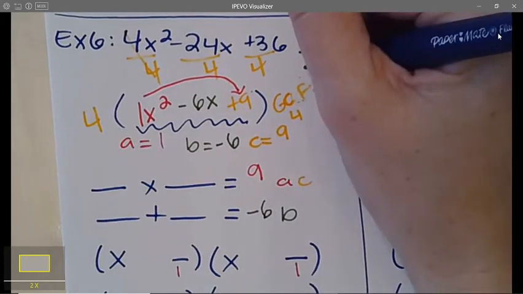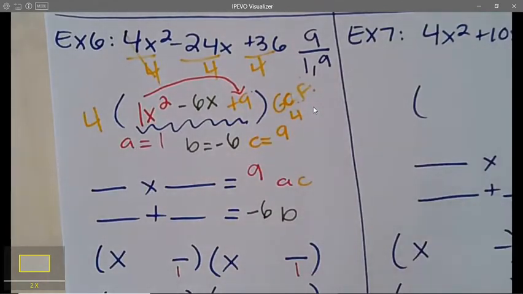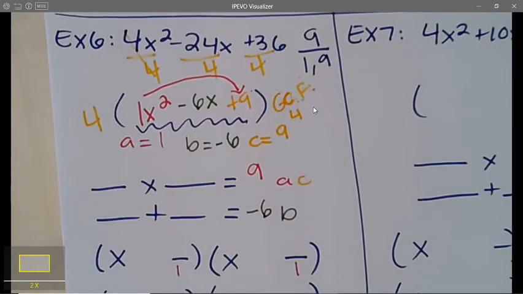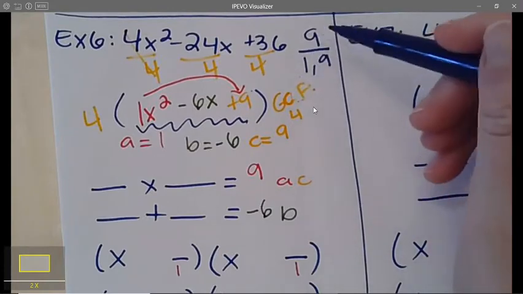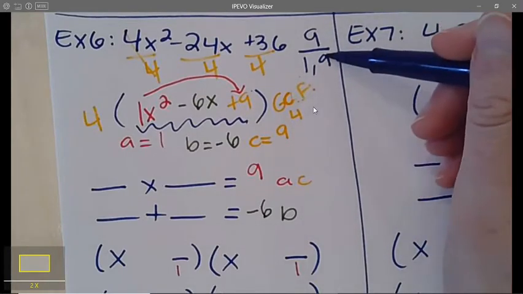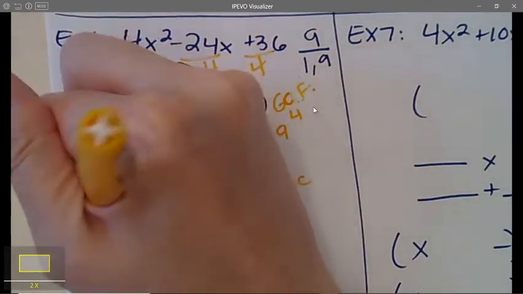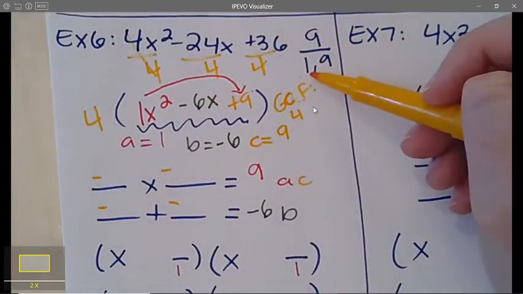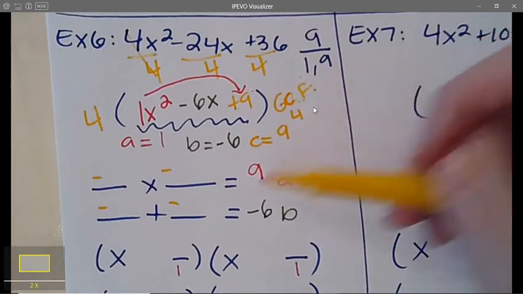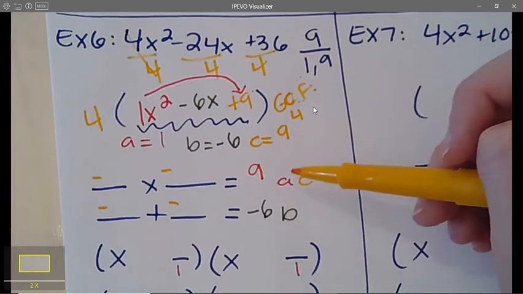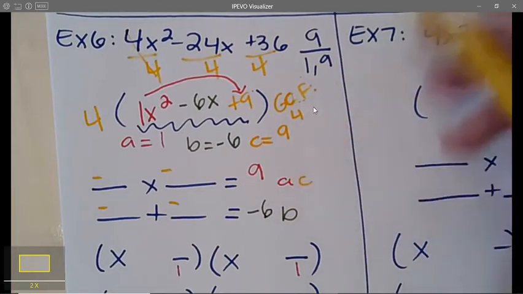Let's see what will work. I know that 1 and 9 multiplies to be 9, which my screen is frozen. Stop that. Okay, sorry guys. Let's see if that will work. Negative 1 minus 9. I already know both of these are going to be negative. Negative 1 plus a negative 9, same thing, that's going to be negative 10, so that doesn't work.